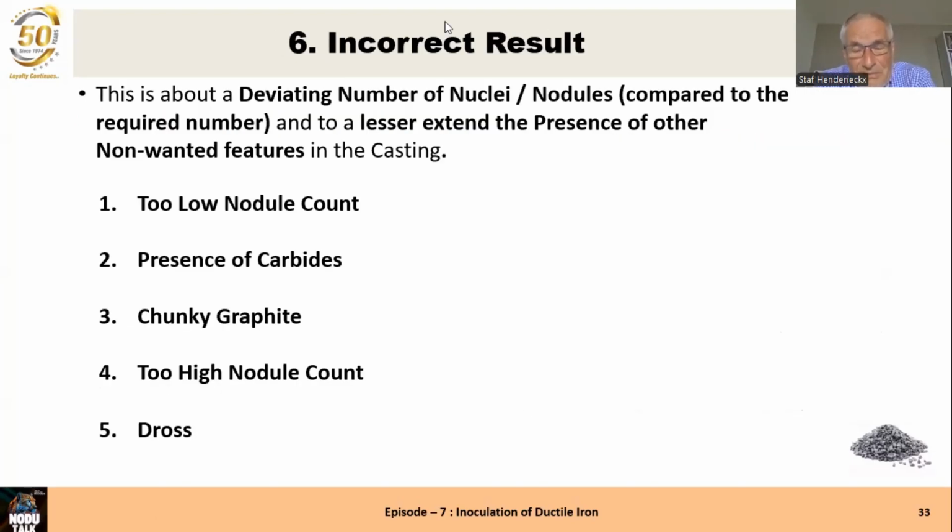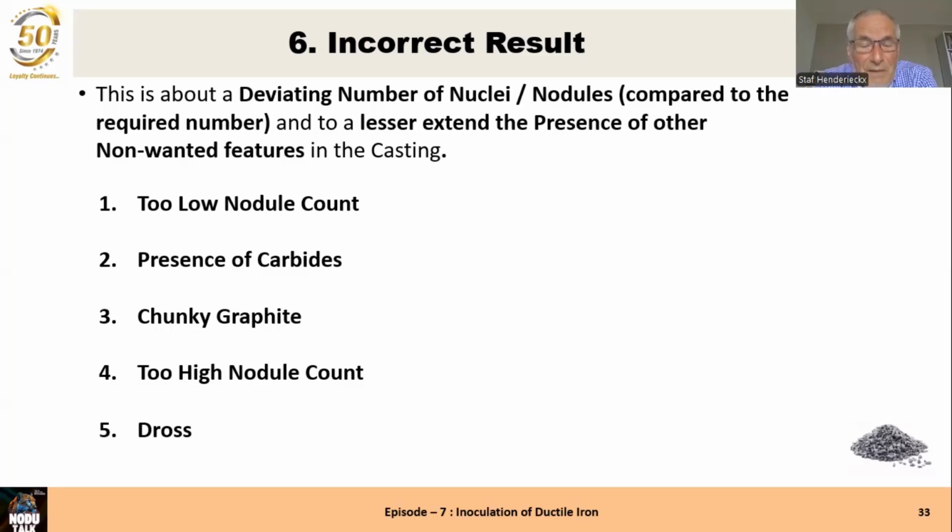Incorrect result. What results can you get that you are not happy with? Well, it's mainly a deviating number of nuclei from the inoculant. Nodularity is very few depending on the inoculation. It's mainly the number of nodules that will be influenced by the inoculation.